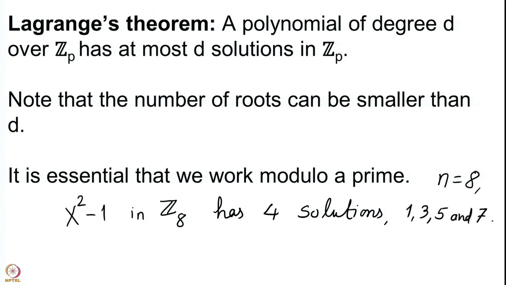You have 4 solutions, which is bigger than the degree. So, indeed it is very much important that you work modulo a prime. If you work modulo a composite number, then Lagrange's theorem need not hold.